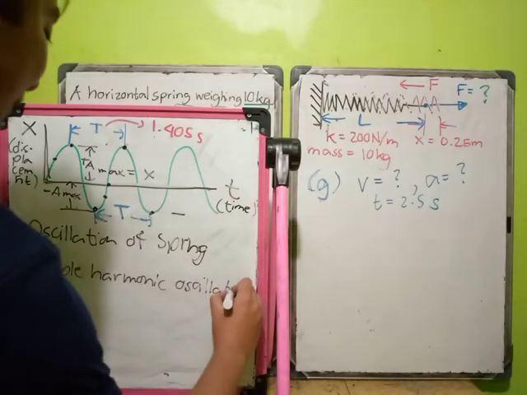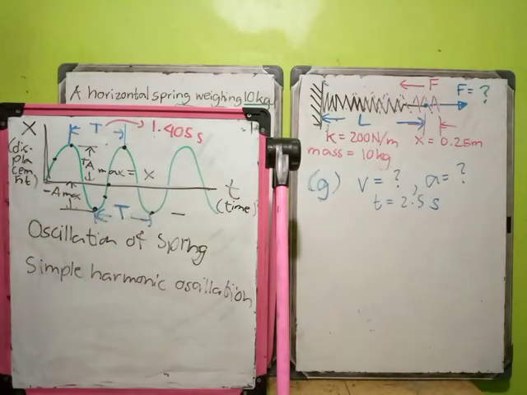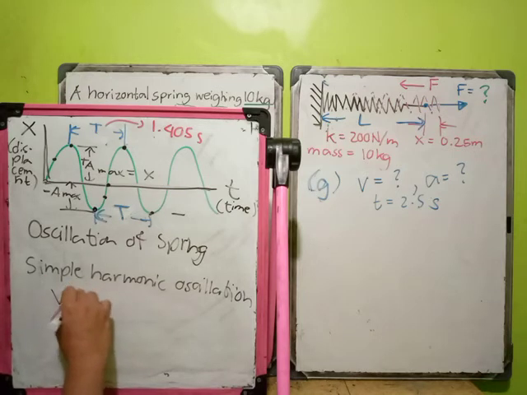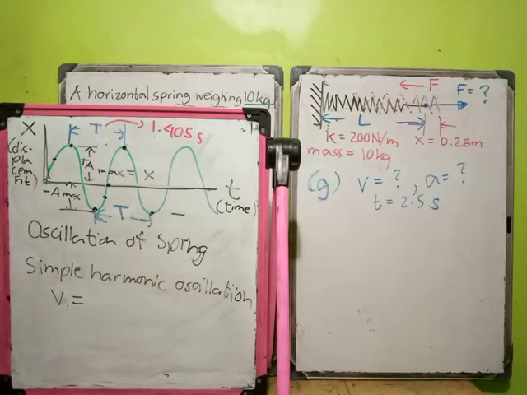Mas importante kasi yan. So here, meron tayong, if naalala nyo pa, yung formula ng velocity and acceleration. So this following are actually the general formula for the velocity and acceleration.